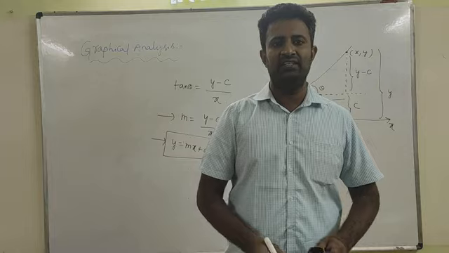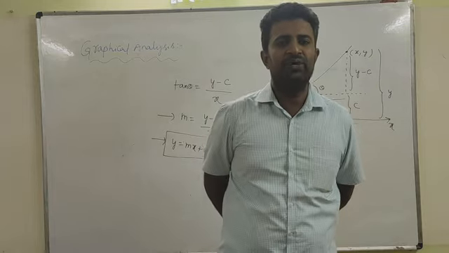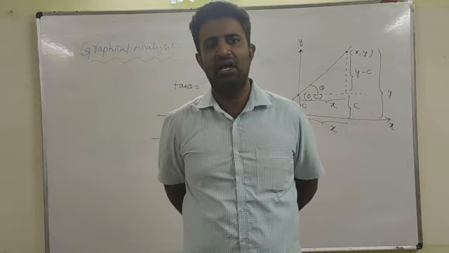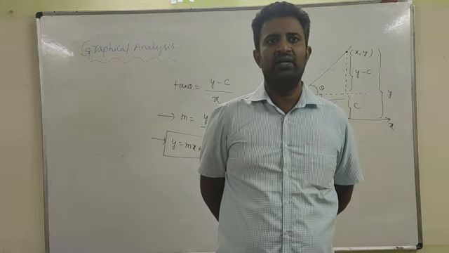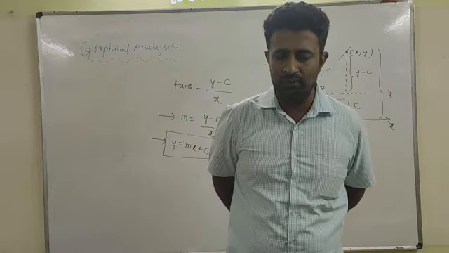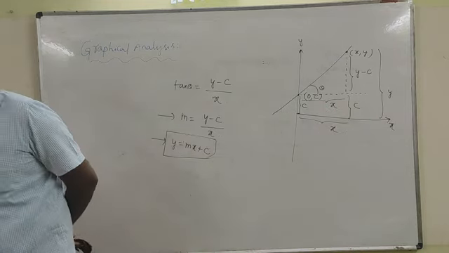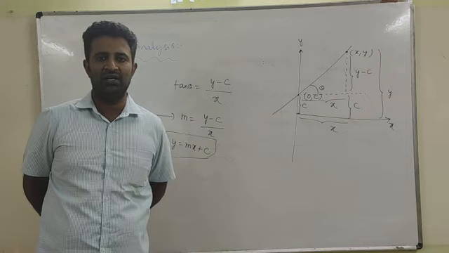So, if the straight line is passing through the origin, you can represent it as y equal to mx. If the straight line is not passing through the origin, you can represent it as y equal to mx plus c.